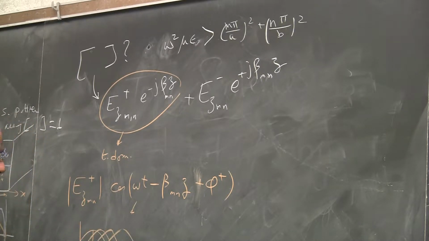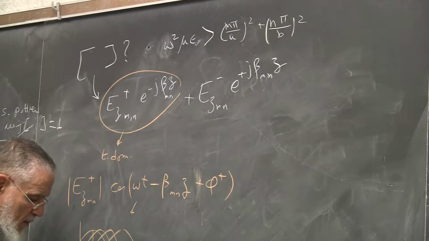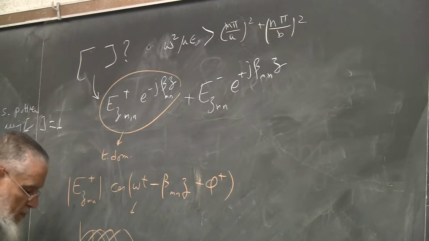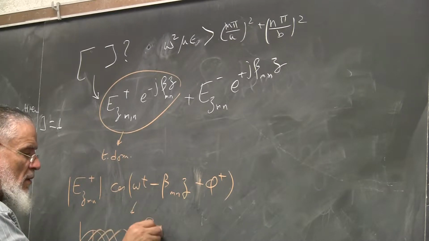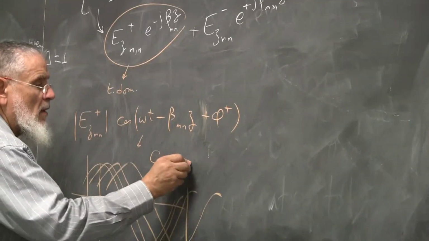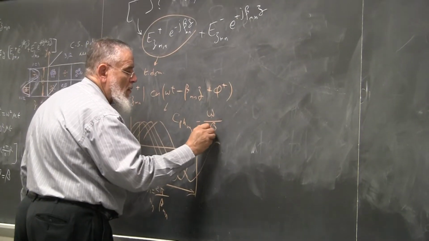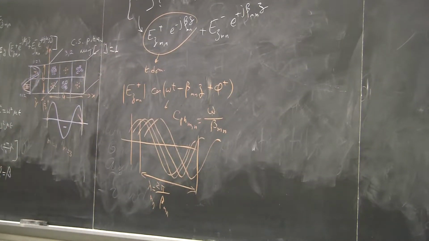With a wavelength lambda is 2 pi over beta. In this case, I'm going to add mn. Therefore, lambda will have mn. And there will be a phase velocity c phase mn again, which is equal to omega over beta mn. We've done that before in transmission lines, so we get to expect the same kind of thing.